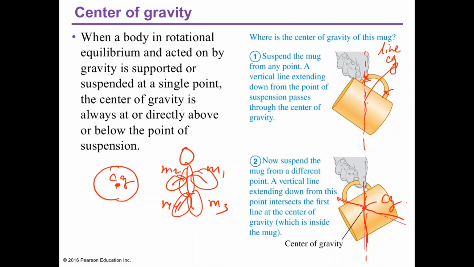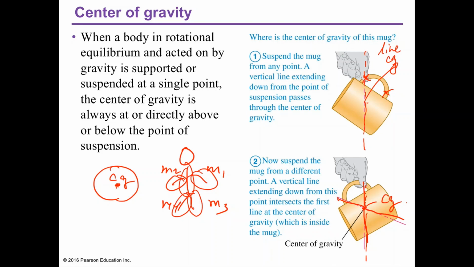So we can use the fact that with a single point of suspension or support, the center of gravity always lies on the vertical line through it. The reason is that if it were anywhere else, the weight would have a torque with respect to the point of suspension, and this body would not be in rotational equilibrium; it would start rotating.